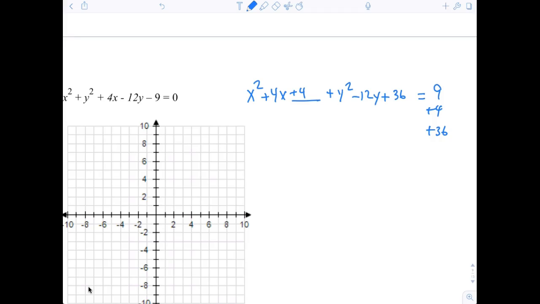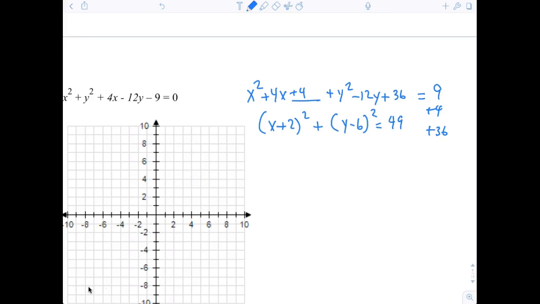So then that becomes what? Plus 2 squared plus, good, you're right. Equals how much? I think it's 49, right? Yeah. 49.